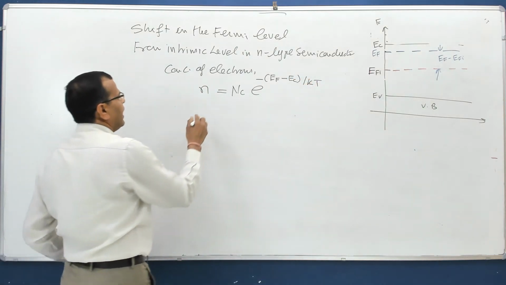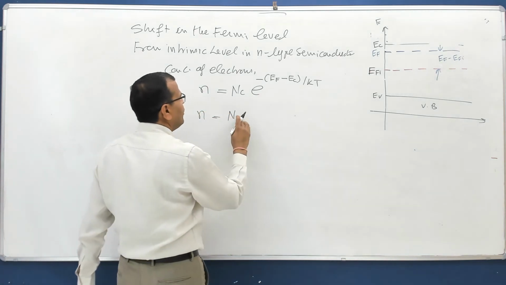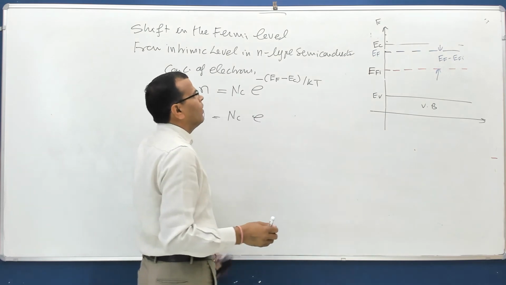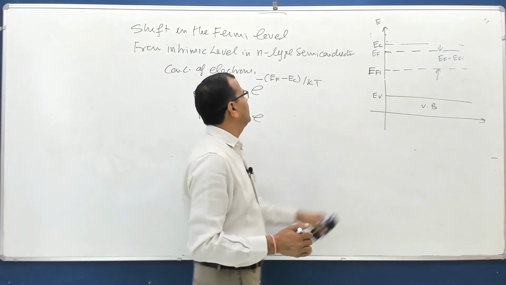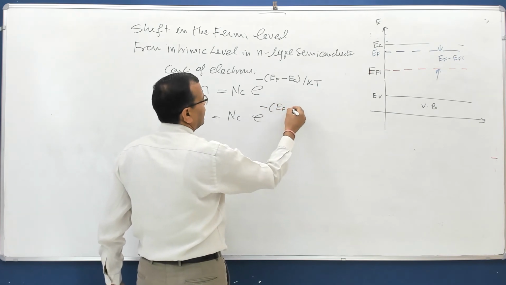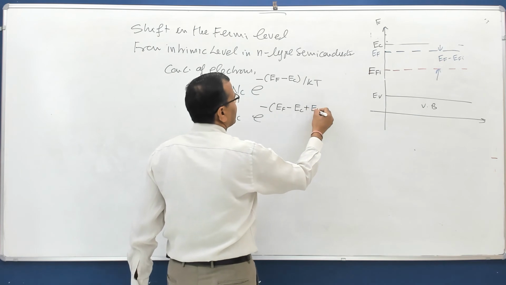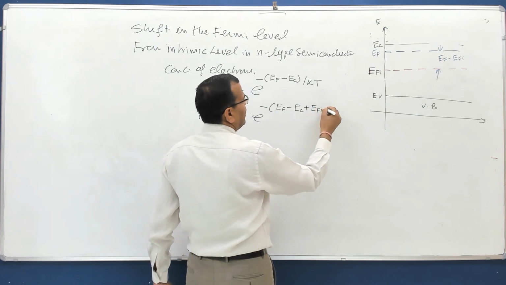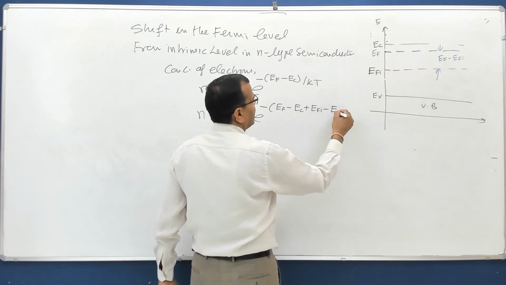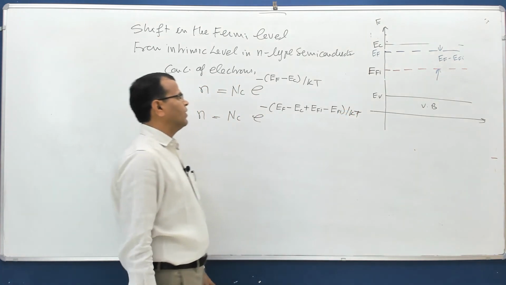Now I will try to relate this with EFI. So that is minus EF minus EC. I will add and subtract EFI, by kT. That is what you have.